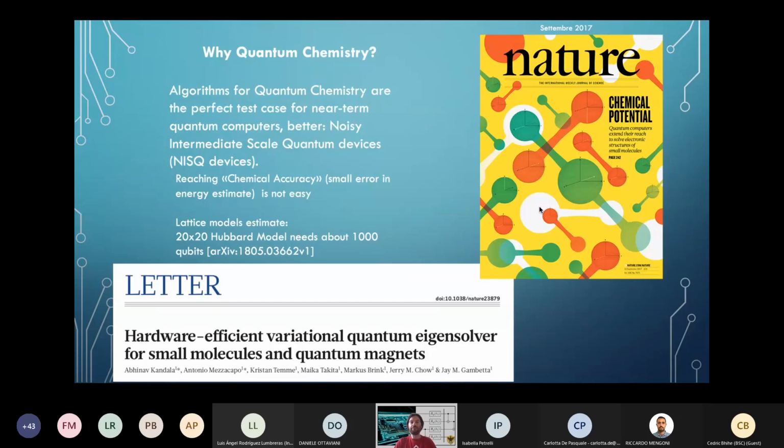So why quantum chemistry? Quantum chemistry is on the floor because algorithms in quantum chemistry are quite robust against noise. I mean, they are more robust against noise than traditional algorithms.